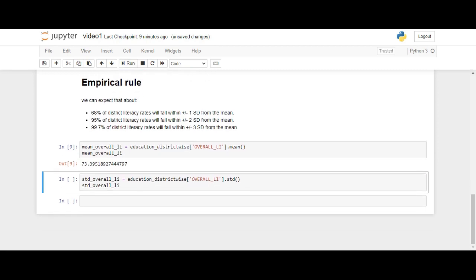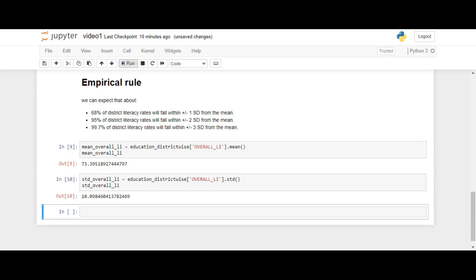You see the mean district literacy rate is about 73.4%. Then we name our second variable std_overall_li and compute the standard deviation. And display our value again by typing it and click on run. So the standard deviation is about 10%.